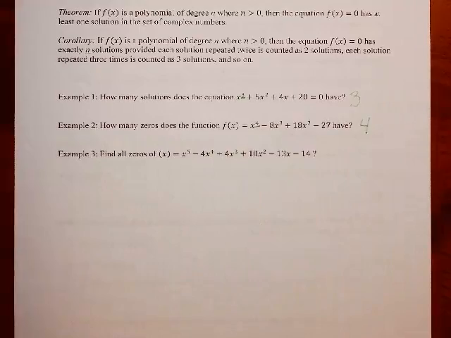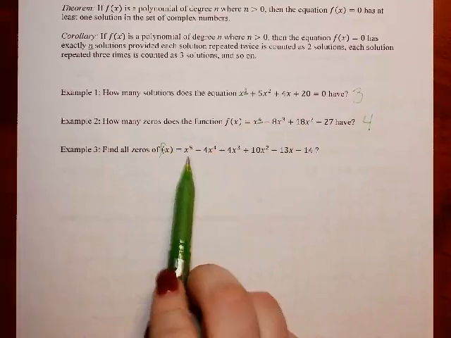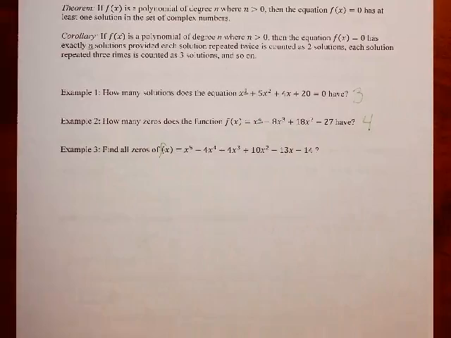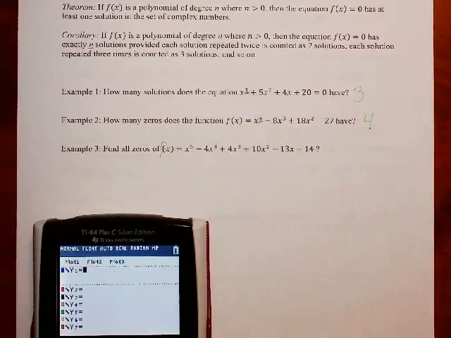Okay, so for example 3, we are going to find all zeros of f of x equals x to the fifth minus 4x to the fourth plus 4x to the third plus 10x squared minus 13x minus 14.